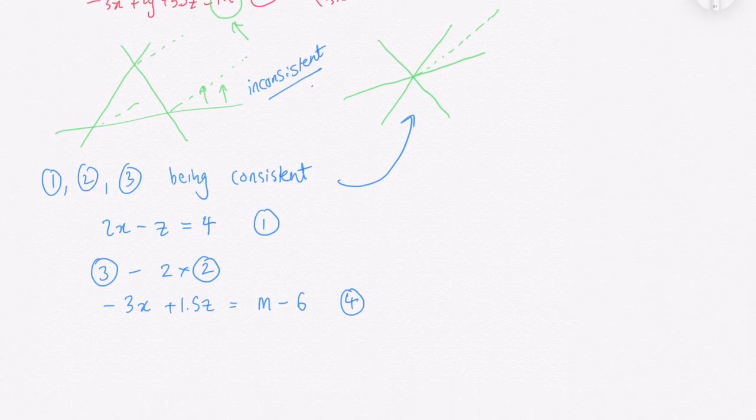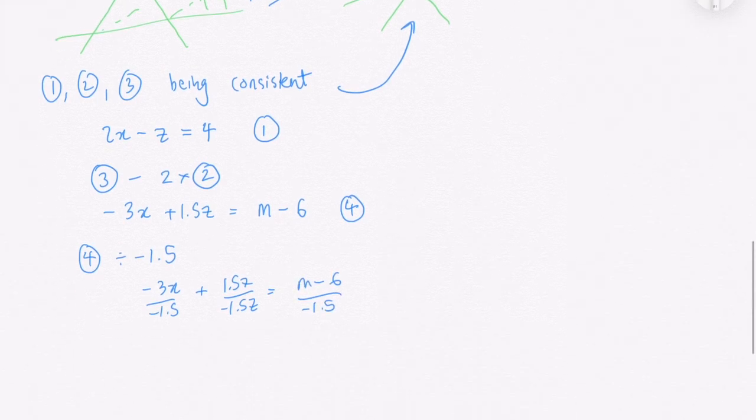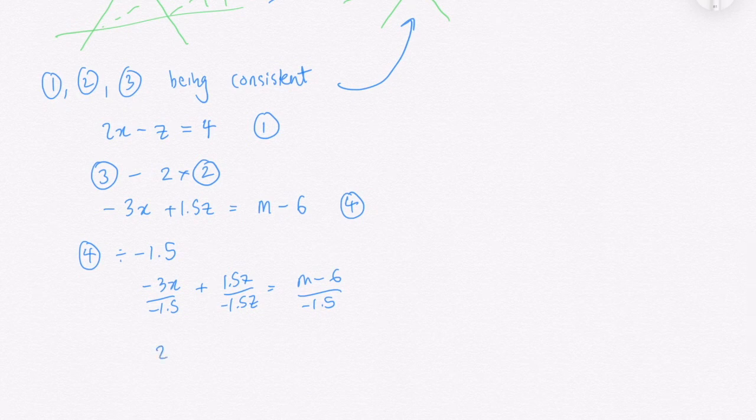There are lots of ways of doing this, but I'm going to take equation 4 and divide throughout by negative 1.5. So I get negative 3x over negative 1.5 plus 1.5z over negative 1.5 equals (m minus 6) divided by negative 1.5. And we can see that this is saying 2x minus z equals (m minus 6) over negative 1.5.